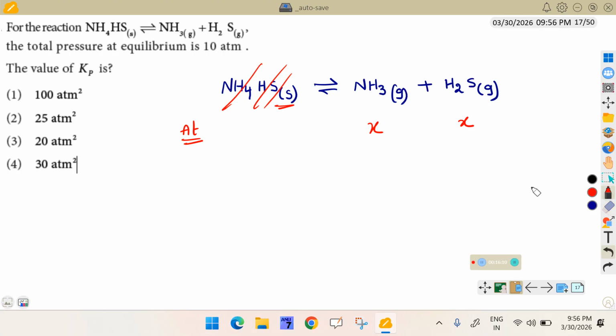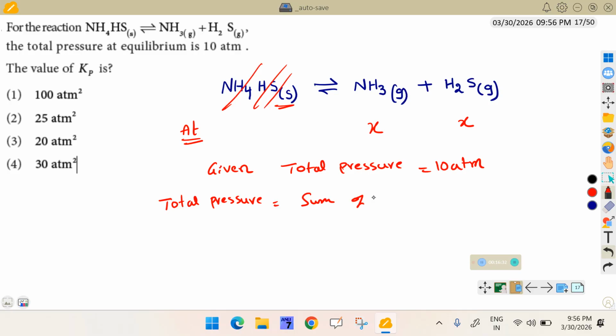Total pressure is equal to 10 atmosphere. According to Dalton's law, total pressure is equal to the sum of the partial pressures. So 10 atmosphere equals x plus x. So 2x equals 10, x equals 5.